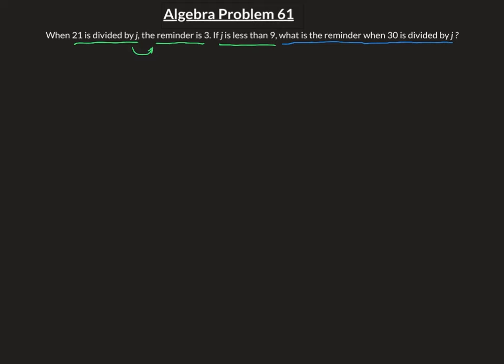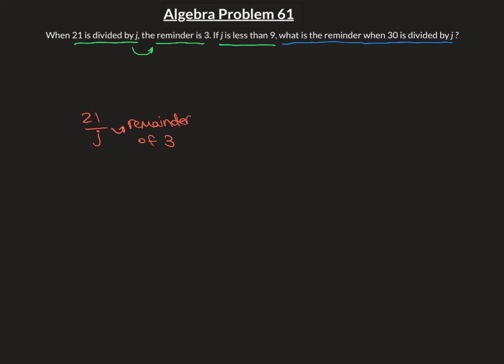Now, what's our first step when we're solving this? Let's take our first information that's given. When 21 is divided by j, the remainder is 3. So that means 21 divided by j will lead to a remainder of 3.